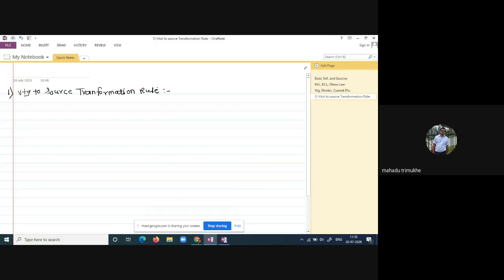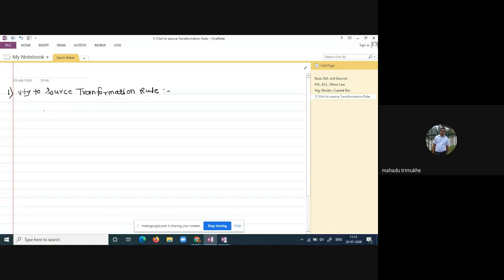In that we'll see how a voltage source is converted into a current source. In the voltage source transformation rule, a voltage source in series with a resistance can be replaced by a current source with magnitude equal to the voltage divided by the resistance, and it is shunted by the same resistance.